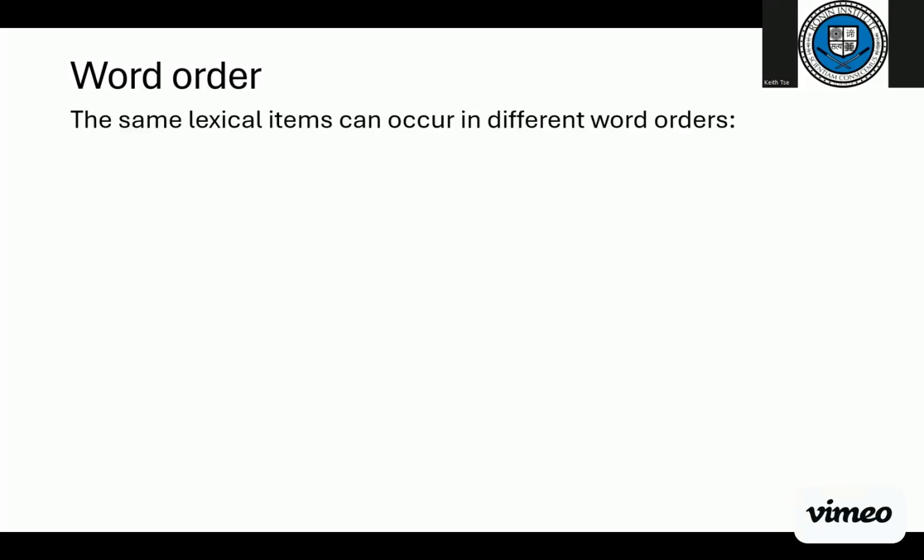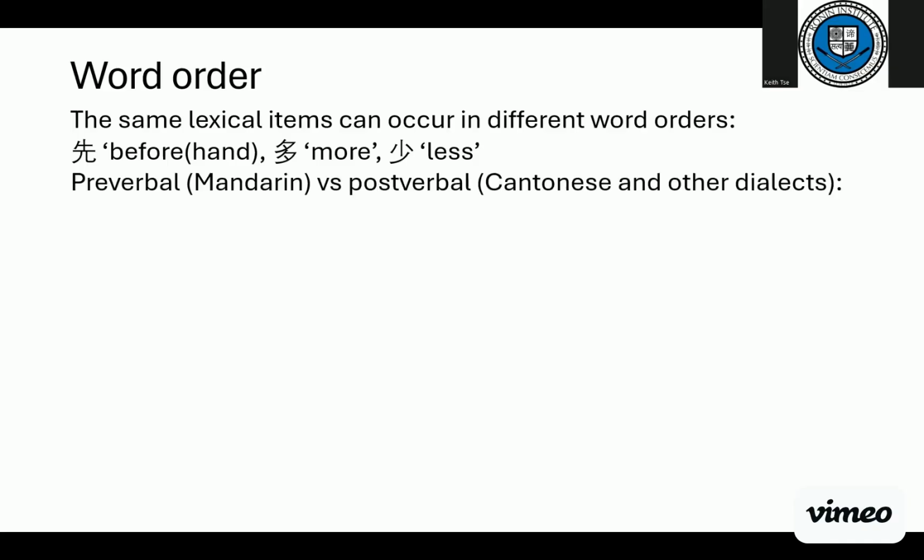Another type of variation between Mandarin and Cantonese is word order. The same adverbs can occur in different word orders. For example, the two most famous examples are 先, which means before, and then 多 and 少, which means more or less.